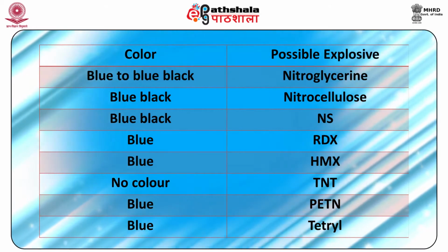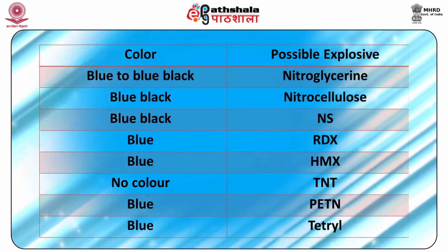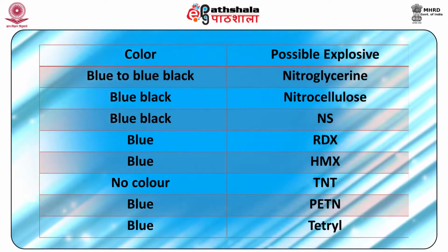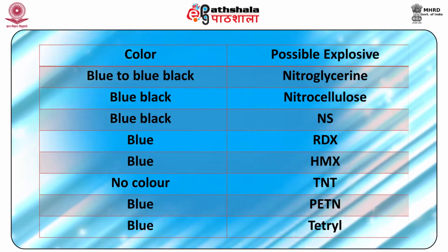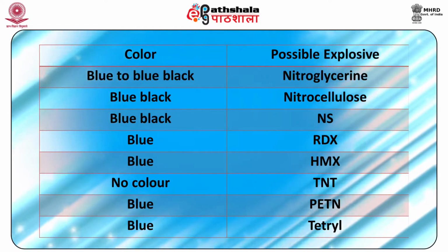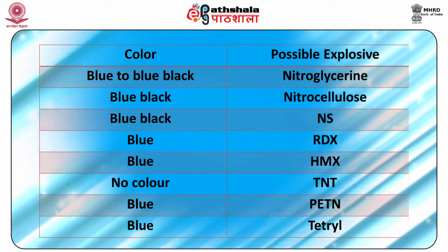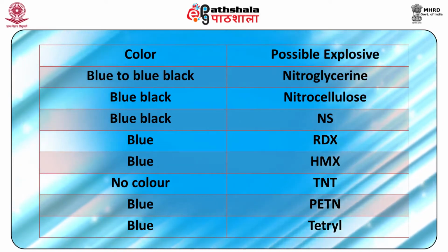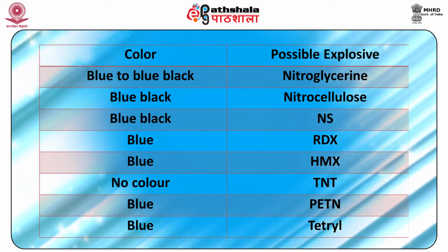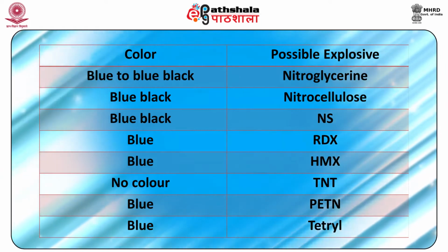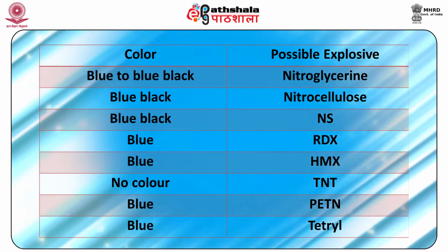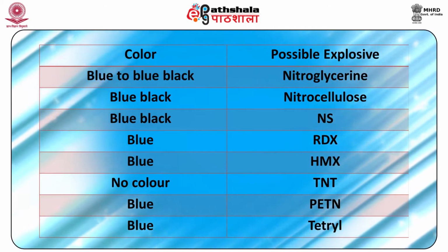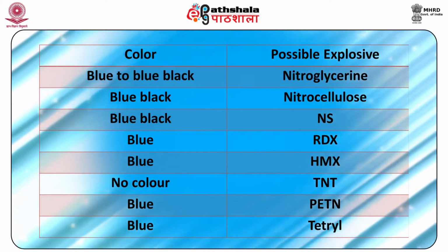If there is no color, it is TNT, and if it is again blue, then it can be even PETN or tetryl. So you can see blue color is indicating so many explosives which are possible. But going into shades, whether the concentration is less or more, can be decisive. So further tests can be performed to confirm which particular explosive is there.